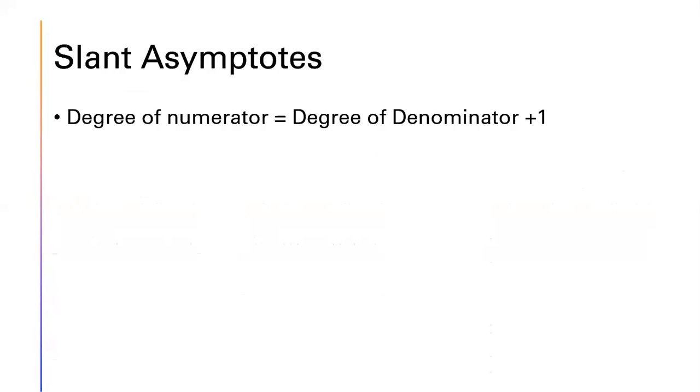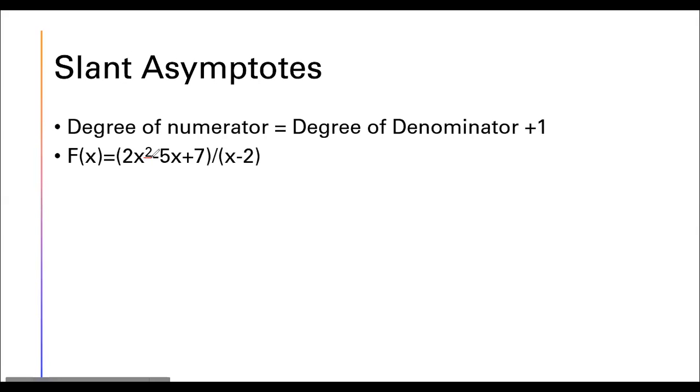So, a slant asymptote. We have a slant asymptote when the degree of the numerator is equal to the degree of the denominator plus 1. So if our numerator is 1 greater than our denominator. Here we have this example, 2x squared minus 5x plus 7, divided by x minus 2.